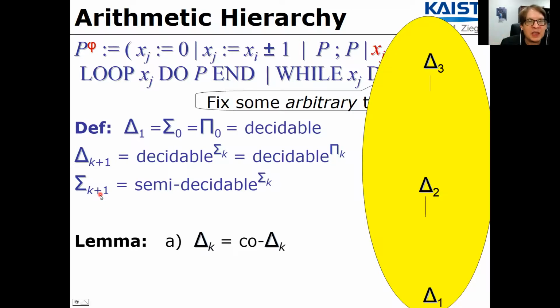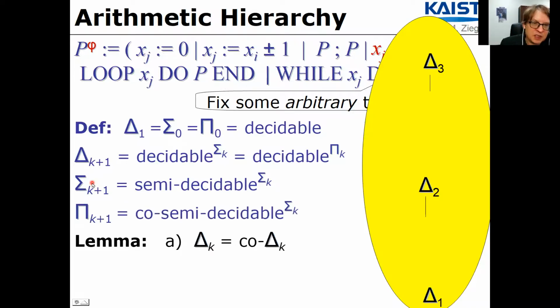That is the induction step. And what does it mean here to be semi-decidable with respect to some? That means we fix some characteristic problem of some decision problem in here, any, and then we can take the first one and give rise to this inductive definition.